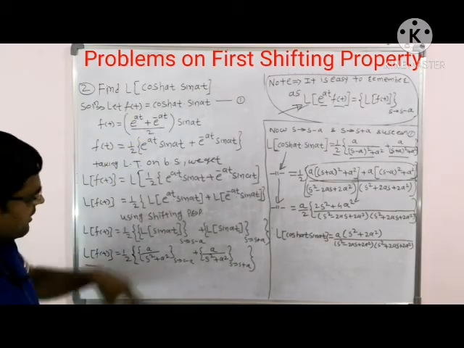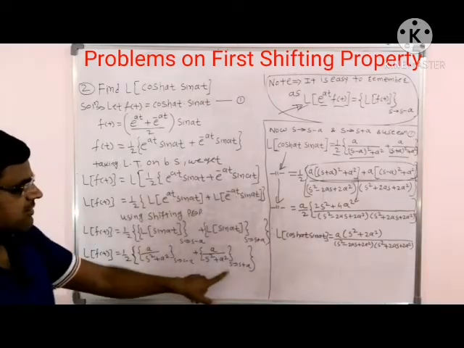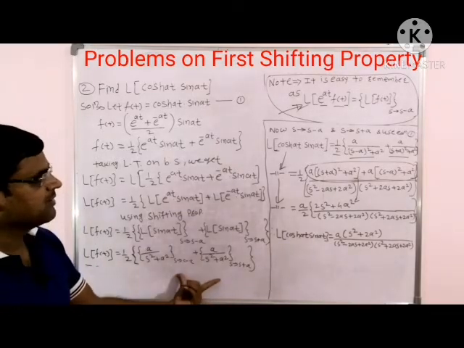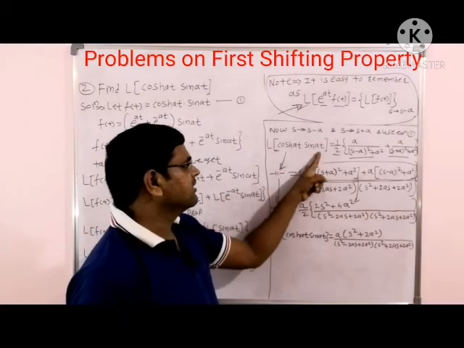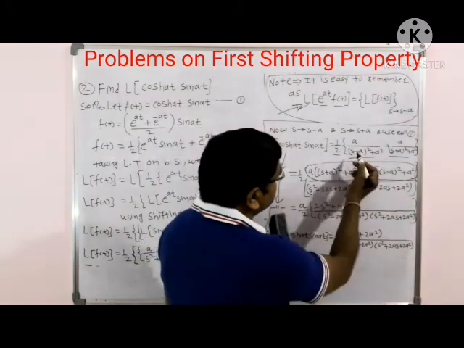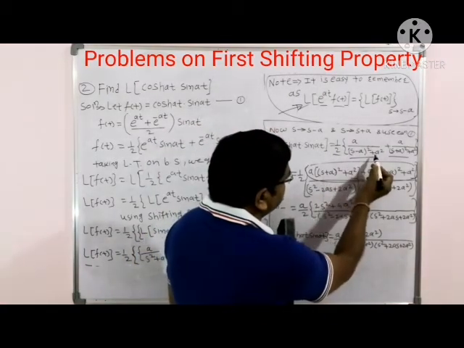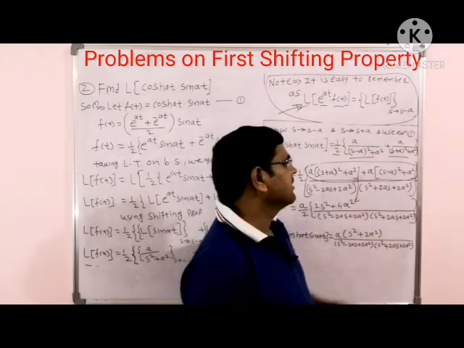Then we get L of cosh at into sin at equals 1 upon 2 in bracket a upon (s minus a) whole square plus a square, plus a upon (s plus a) whole square plus a square.